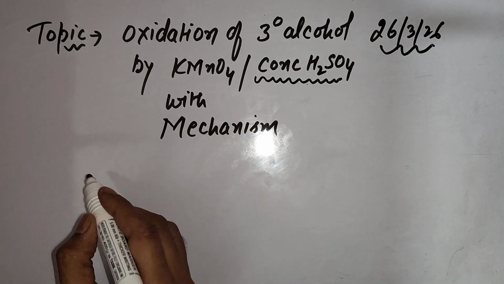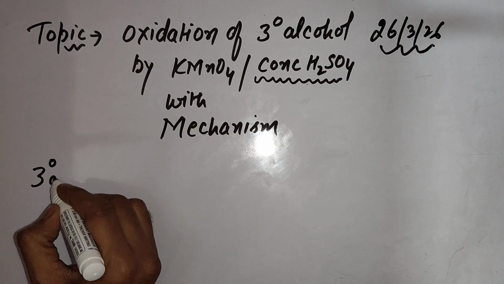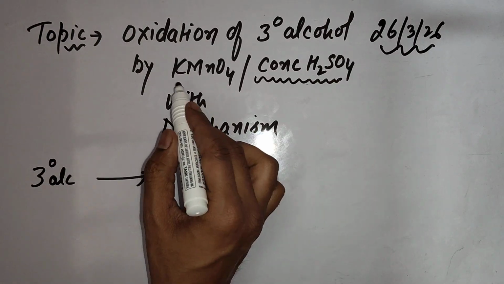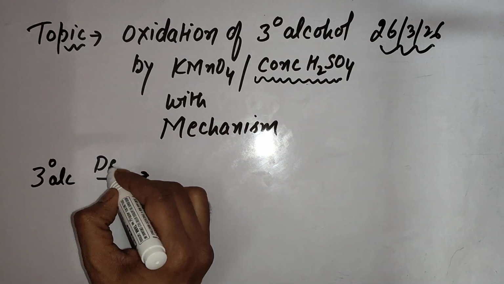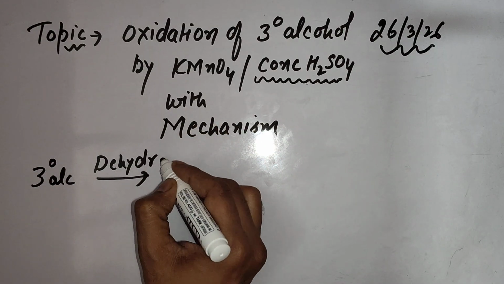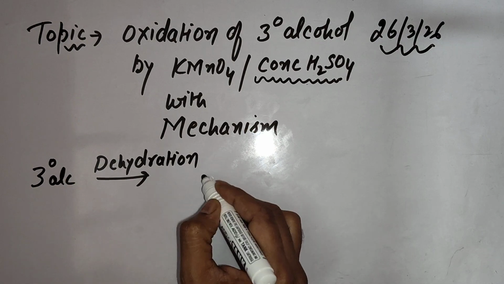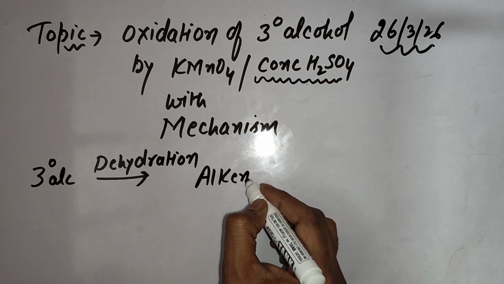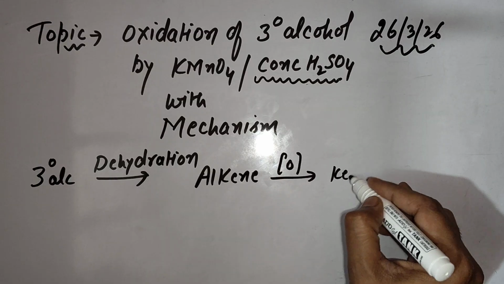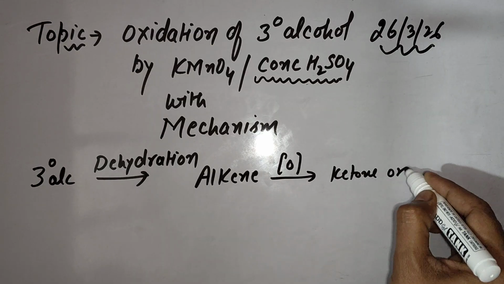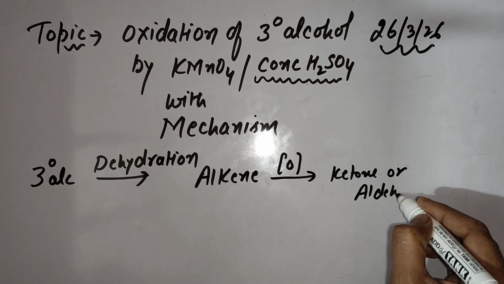Let's try to understand. As you know, a 3-degree alcohol on reacting with KMnO4 in concentrated sulfuric acid will firstly show dehydration. Due to dehydration, alkenes will generate, and these alkenes will further oxidize to ketones or aldehydes depending on their nature.